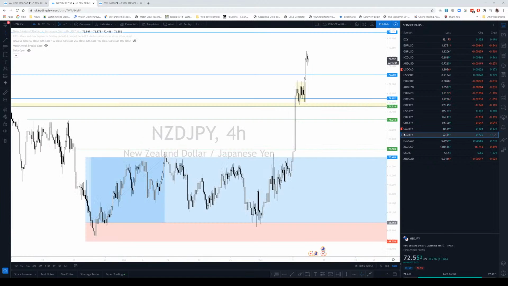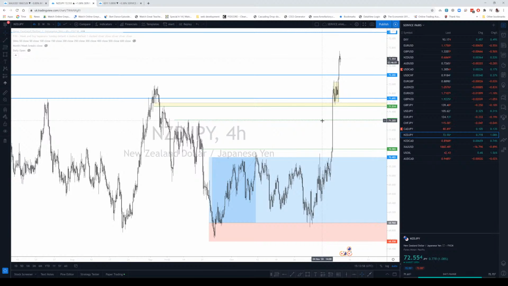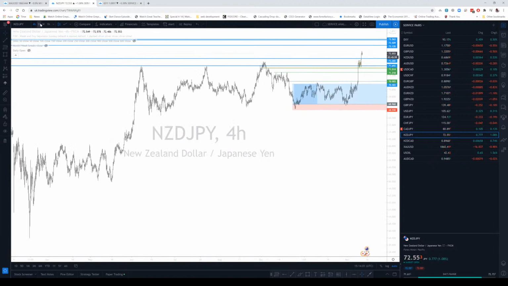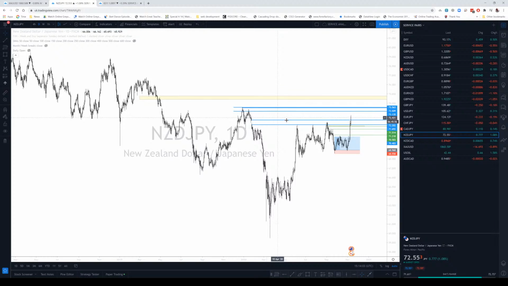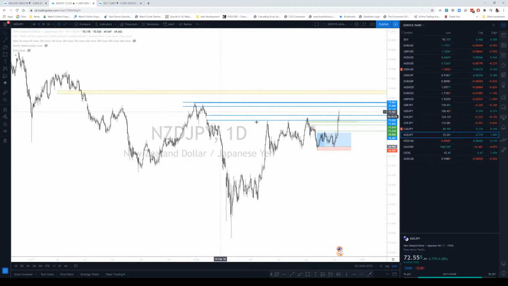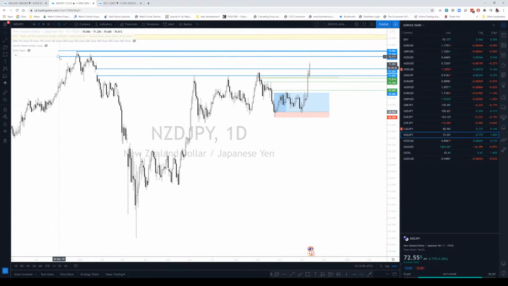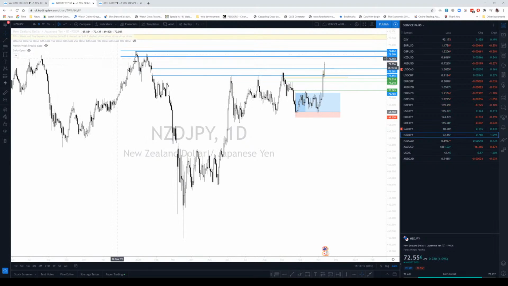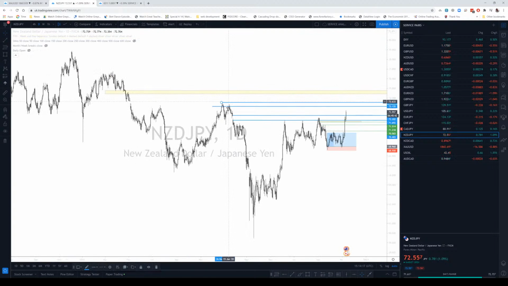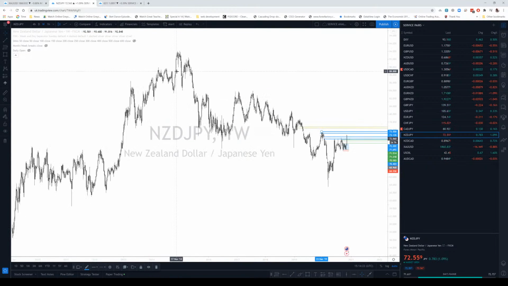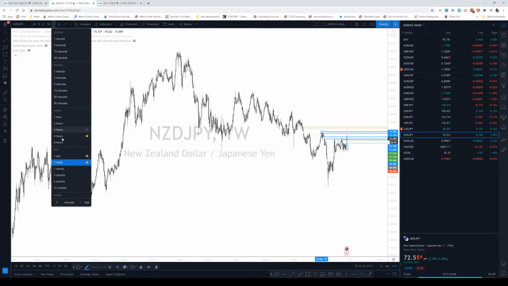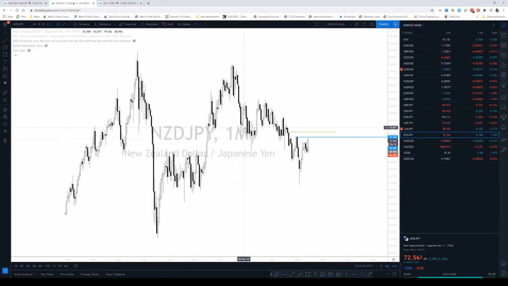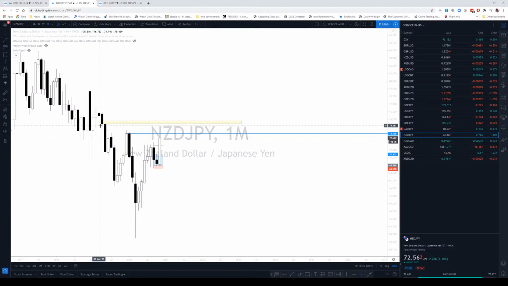New Zealand yen, absolutely beast. Pairing the strongest pair with the weakest pair, that's what you get. Next upside objective is here, and I've got this one and there, and then there's a gap up there on the monthly.